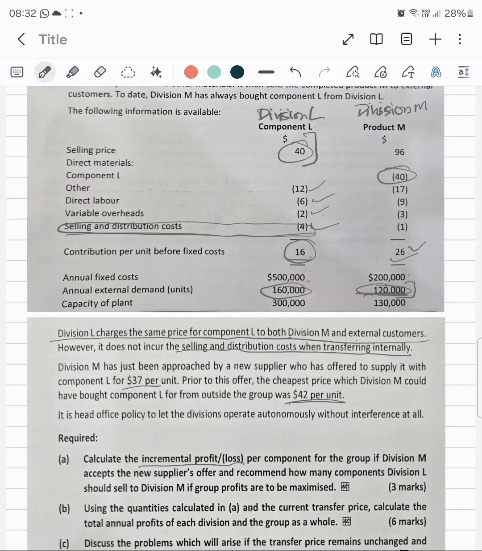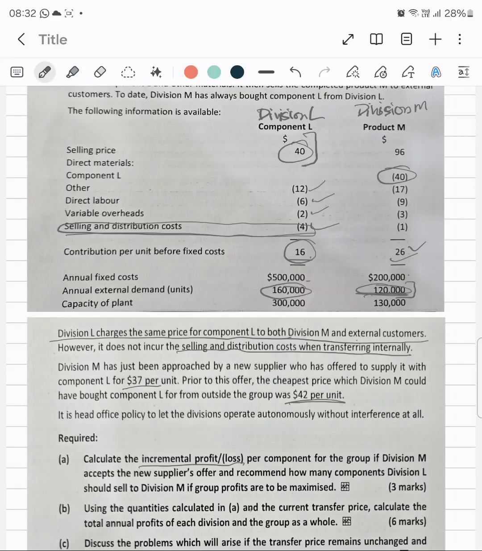So if division M says that now I'm not only going to think of the divisional profits, then obviously buying it from the external vendor would be beneficial, but it won't benefit the group as a whole. So this will mean that the profit of the group will fall substantially, and division L will have significant unused capacity.